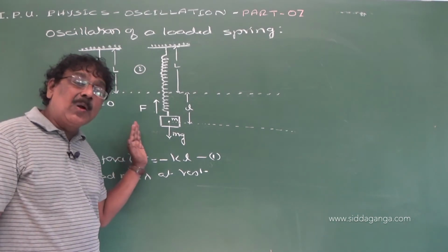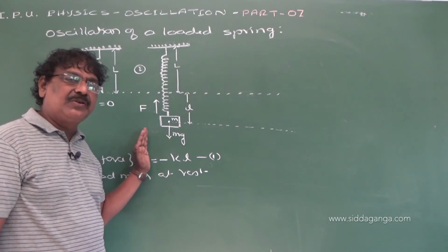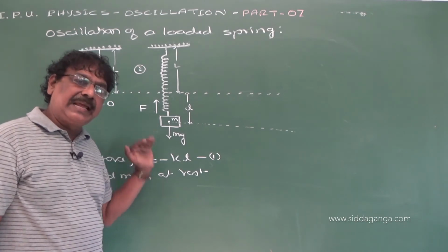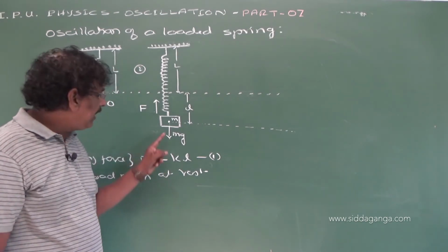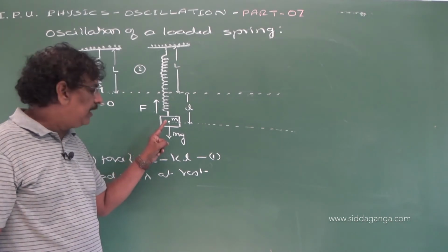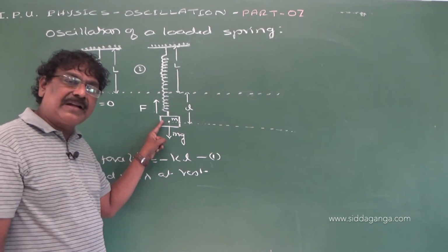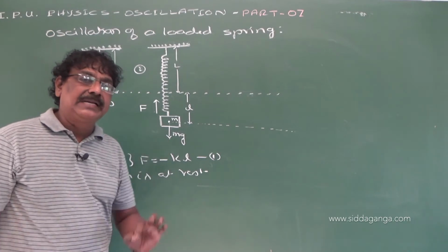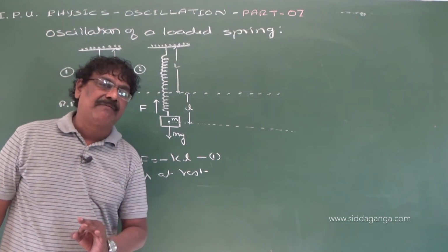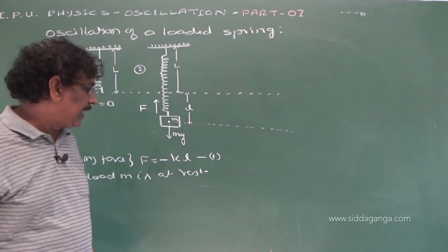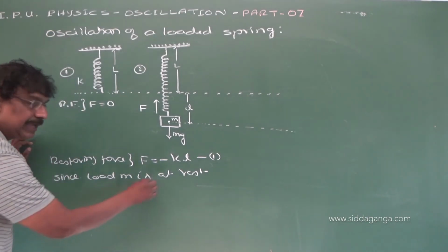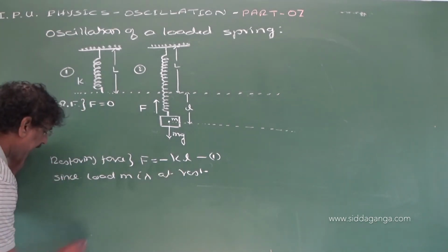This is a loaded spring, it is attached to a load. Now there is an increase in the original length. When it is at rest, then the center of gravity of this load represents the mean position of the loaded spring, right?